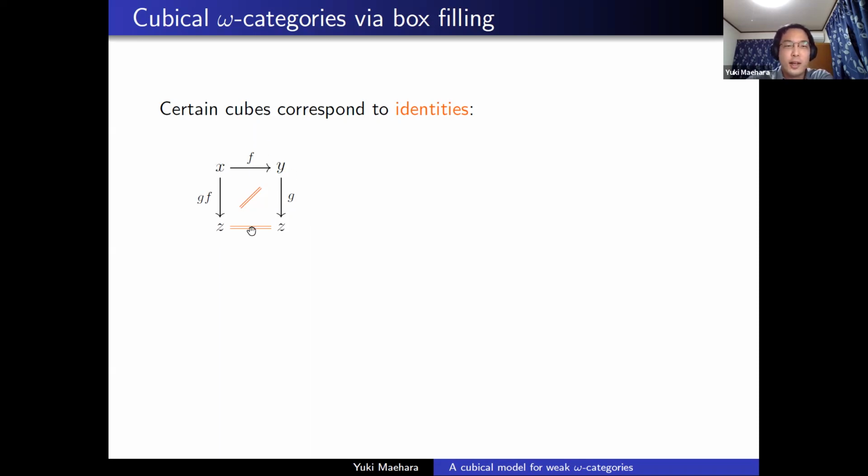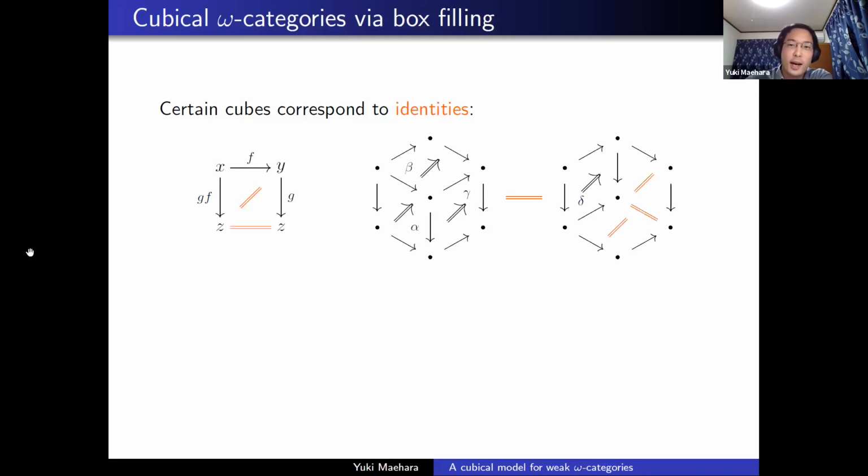That means in this underlying cubical set, it doesn't come from degeneracy, and also it doesn't come from connection. So somehow these cubes should be special, but we can't see that in this underlying cubical set.